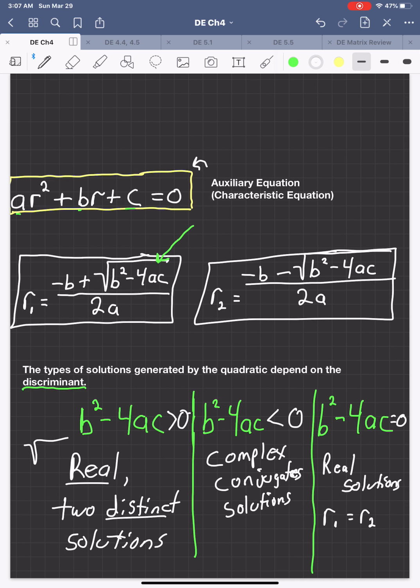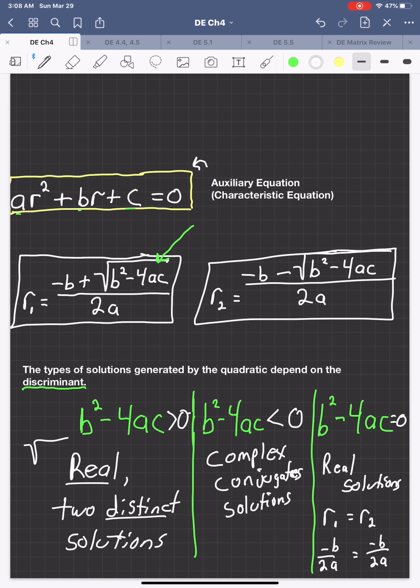I think that makes sense. If I plug a 0 in for my radical, then I end up with negative b over 2a for r sub 1, and I also end up with negative b over 2a for r sub 2, right? It doesn't matter about the plus 0 or minus 0. It all zeroes out.